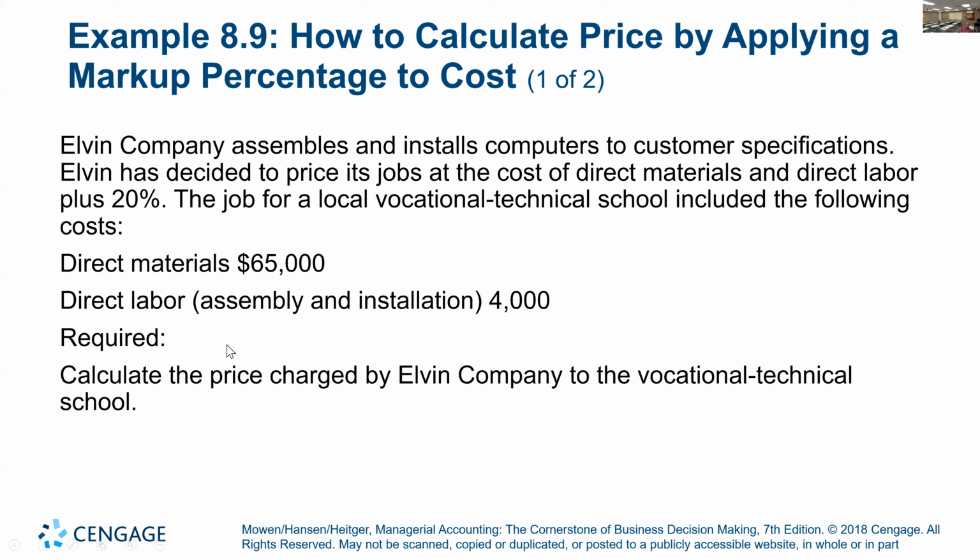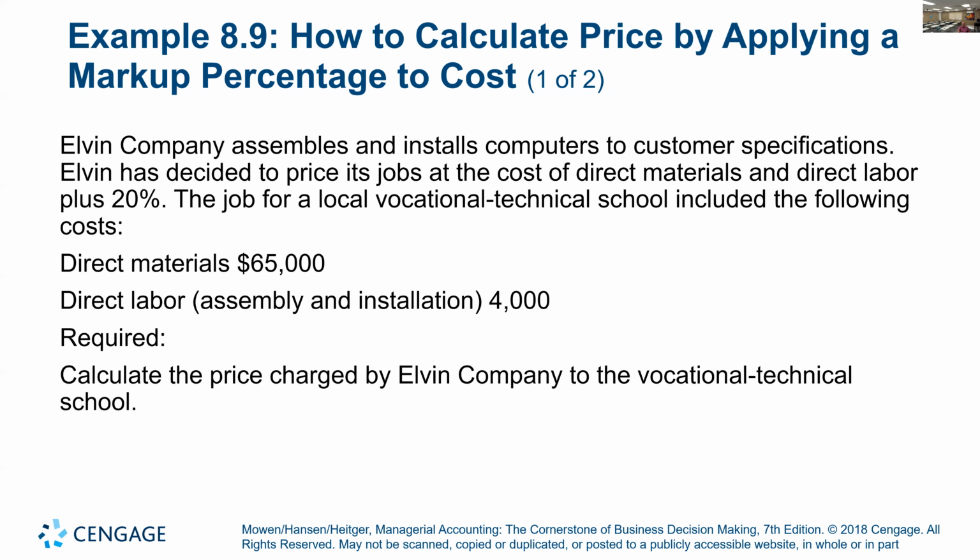So here's an example of this. We had simple install computers, so it's going to price its jobs at the cost of direct materials and direct labor plus 20%. Here the direct materials were 6,500 and the direct labor was 4,000, so a total of 69,000. So they're going to charge it at 69,000 plus 20%.